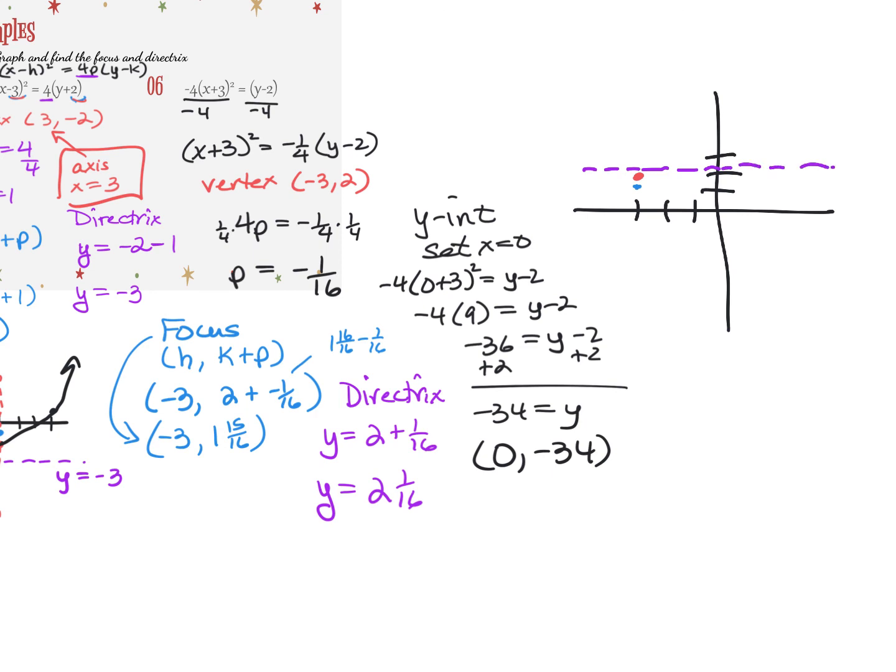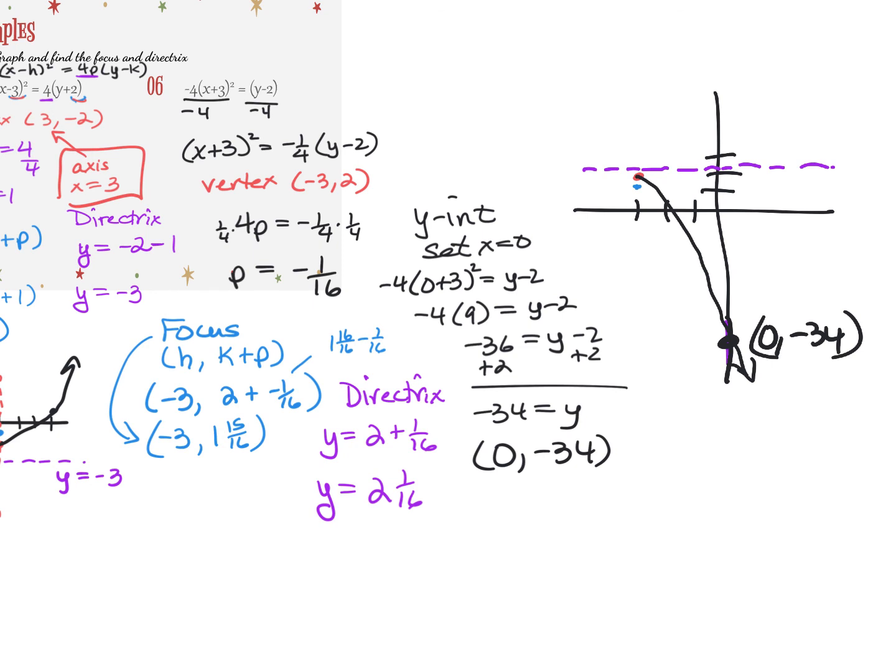So they're supposed to be both the same distance. And then again, my y-intercept is way down here at 0, -34. So when I go to make this, I'll go like this.